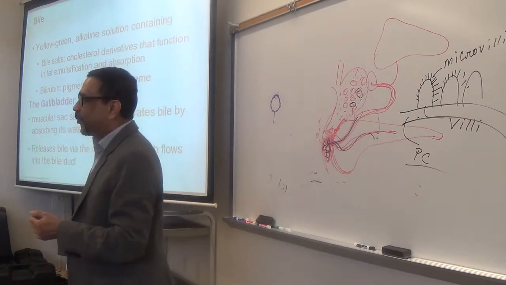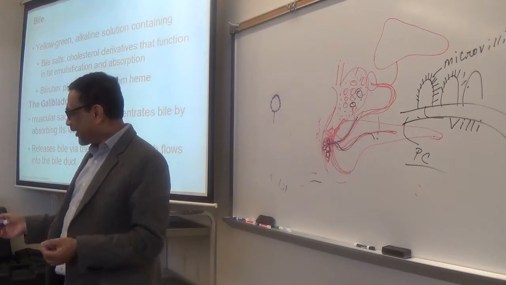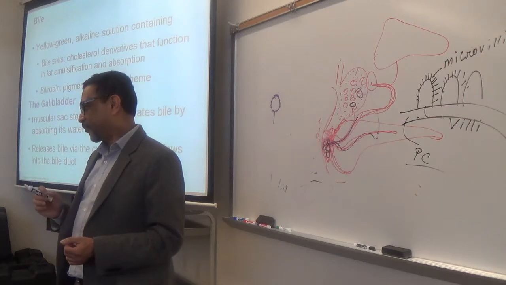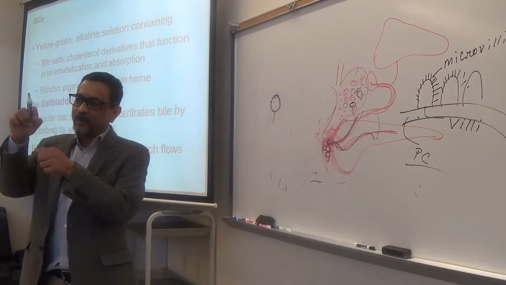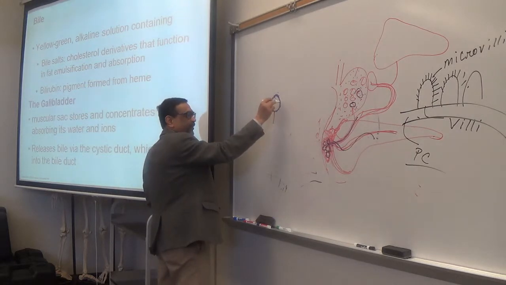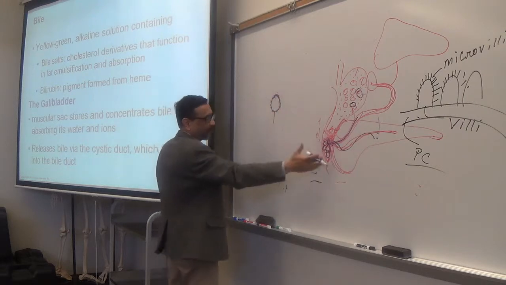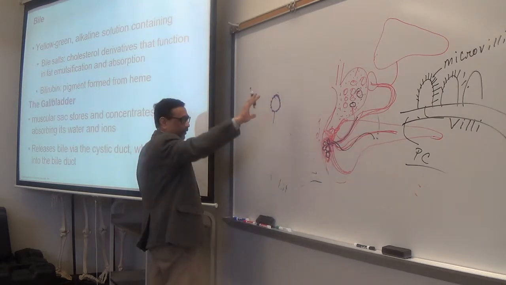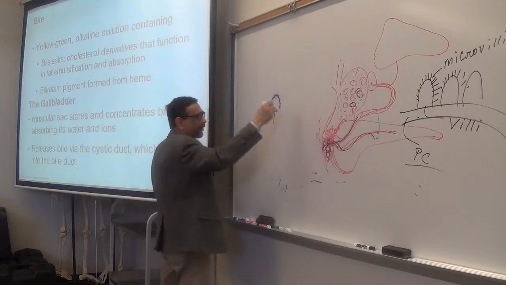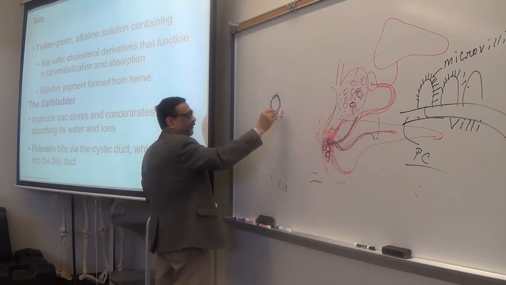Make sense? So the bile salt molecules act exactly as what? Detergents. They will get attached to the surface of the food and will reduce the surface tension. So when the intestinal wall moves, the food will easily break down into multiple tiny pieces.